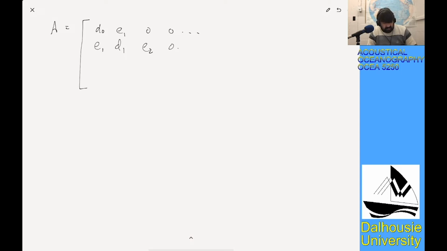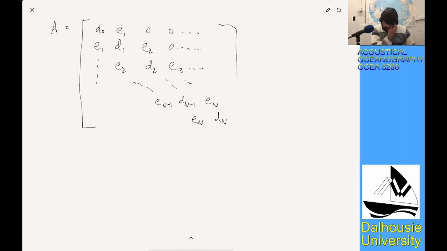And then E2, D2, E3, and that continues all the way down. This tridiagonal matrix. And then we'll have E n minus 1, D n minus 1, E n, and at the bottom E n, D n. Clearly I just need to extend this. I was optimistic in how small I can make this thing. So there's our matrix A.